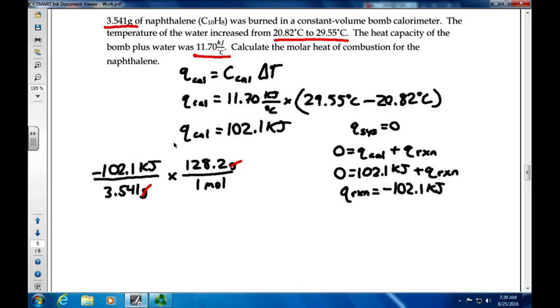Grams and grams will cancel each other out, and you'll be left with kilojoules per mole, which, when you do the calculation, you'll find is negative 3,696 kilojoules per mole.